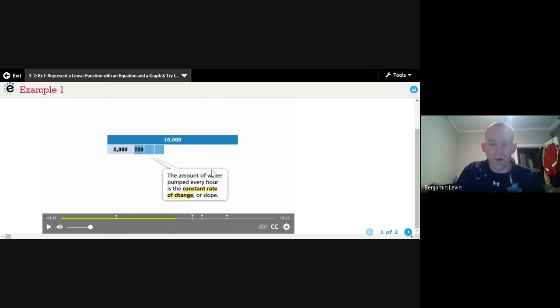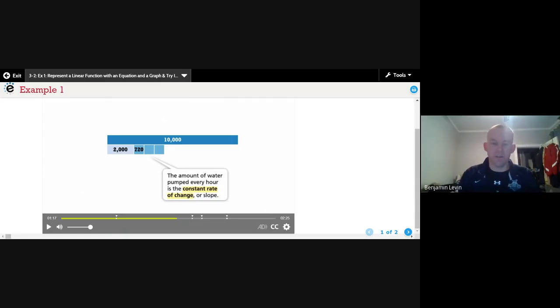Okay, so I want to go back to something they just said because it's important and it's a review. The amount of water pumped every hour is a constant rate of change, which is the slope, right? All those things we learned last unit, all of those words mean the same thing. The constant rate, the rate of change, the slope, the unit rate, all of those things are the same value.